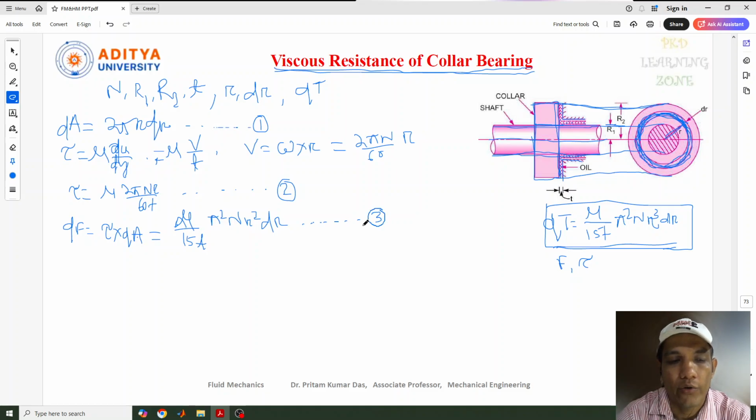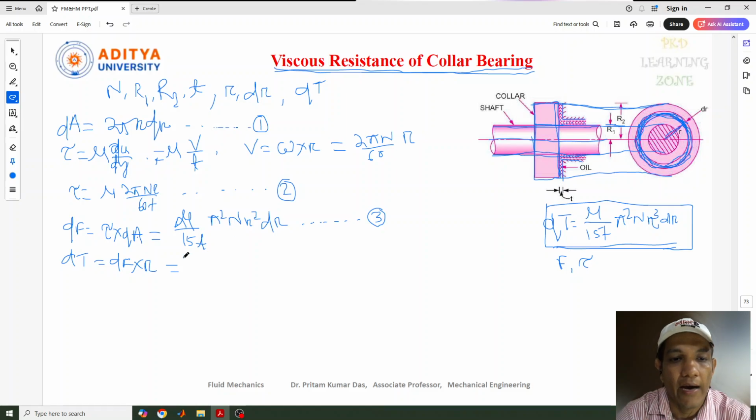Now we need to go for the torque. The torque needed to overcome the viscous resistance, I can write the small dT, which is nothing but dF into radius. This is the formula for this. So dF we already calculated here.